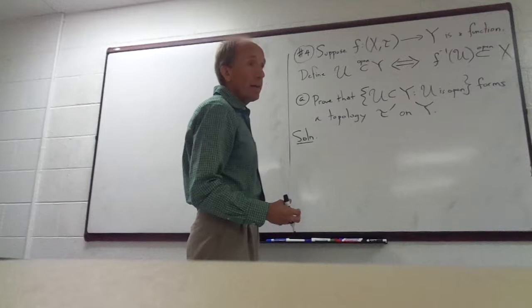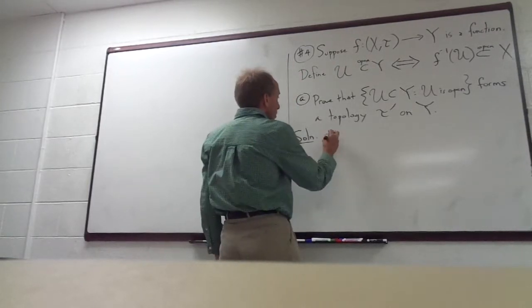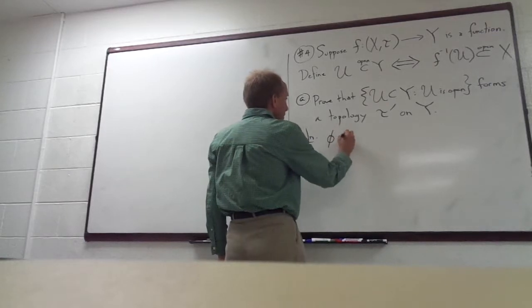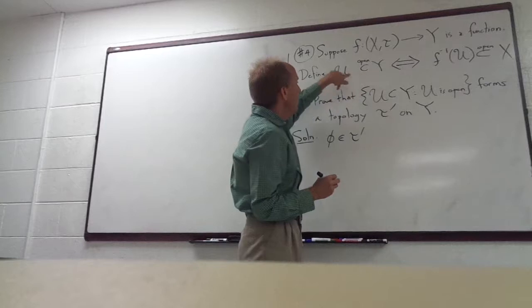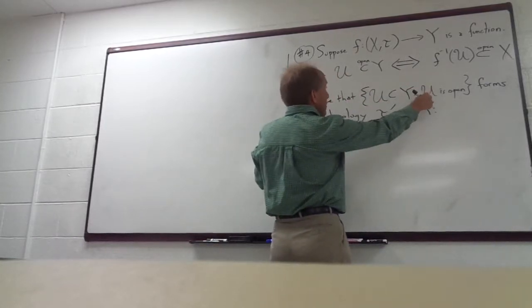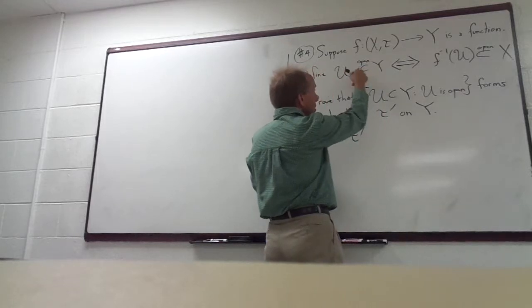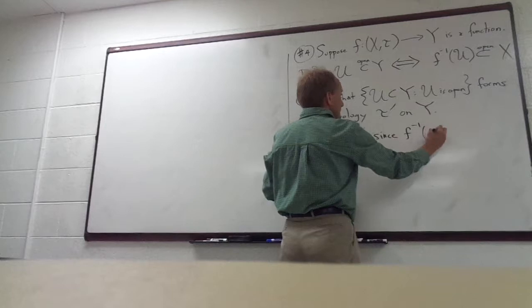So let's just figure out if that's the truth using our definition. Is the empty set in tau prime? Let's look at the definition. This is tau prime here. Is the empty set open using this definition? Well, if you take the pre-image of the empty set, what do you get?